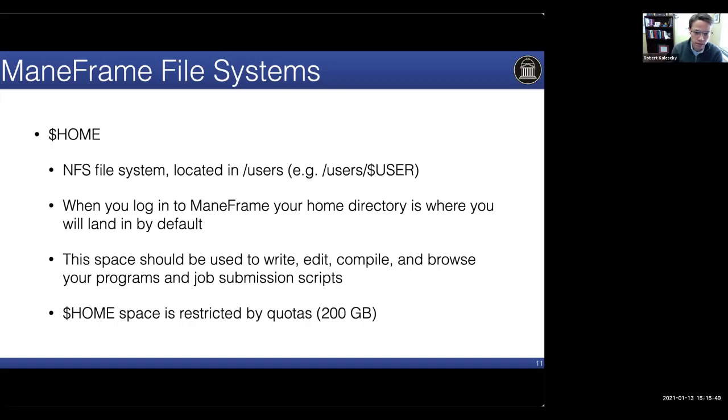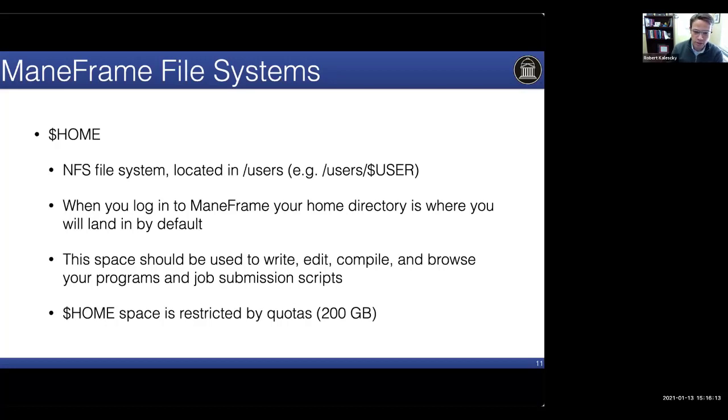This file system should be treated as your space to keep things that are what we call irreplaceable, right? So code, important results, things of that nature, right? It is backed up off-site, but is restricted by quotas. You have 200 gigs of space here.